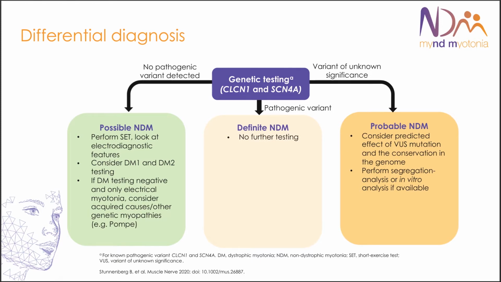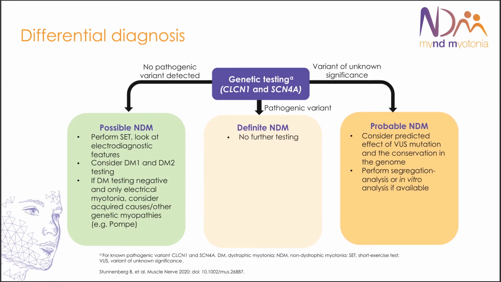It's very important to perform a short exercise test and look at the electrodiagnostic features. We should also consider the DM1 and DM2 testing, and if the DM testing is negative but there is only electrical myotonia, consider acquired causes like some drugs, like diazacholesterol, or other genetic myopathies like Pompe disease or myofibrillar myopathy.